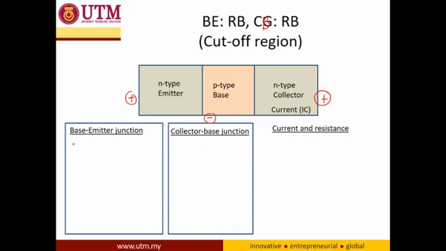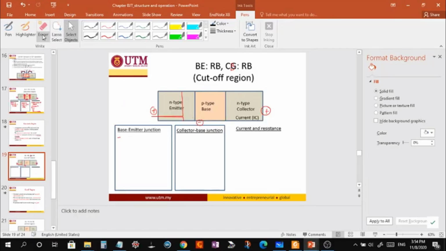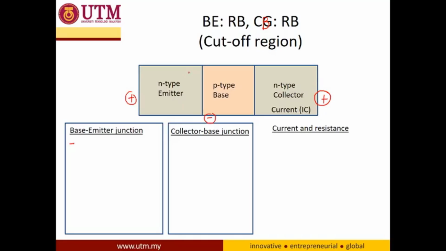So what happened to the emitter base junction? The depletion region increased. With the depletion region increased, the electrons inside the emitter cannot move.